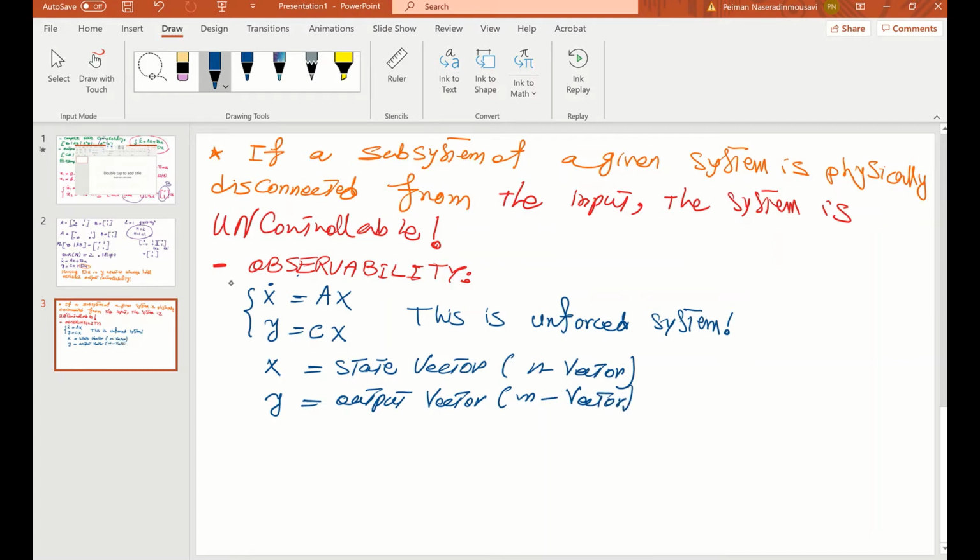A again is an N by N matrix, and C is an M by N matrix.